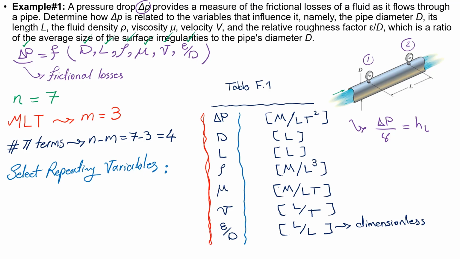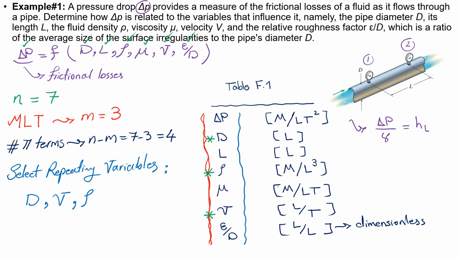So for example, I'm going to select d, v, or velocity, and rho. So let me mark them over here so they are more clear. Why? Because among these 3 selected repeating variables, they have length, they have mass, and they have time. So these 3 variables are my selected repeating variables.